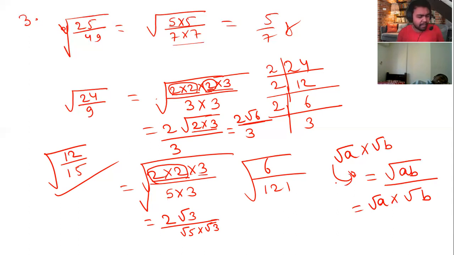Are you understanding why I am writing this? Because I can see something: there is a root 3 and there is an inherent, hidden root 3 in 15 also. And this root 3 and this root 3 will cancel each other because they are in multiplication. In addition, we can't cancel like that.